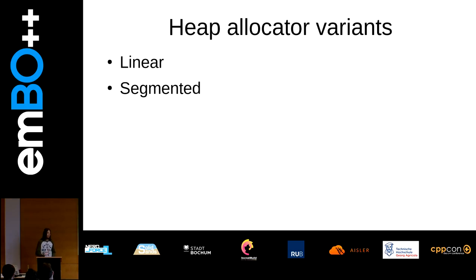Generally, it is either a linear allocator, which means that allocations are put immediately behind each other in memory. So if you allocate a 5-byte element and then a 3-byte element, those pointers will always follow each other exactly. And then there is the segmented allocator, which is most common nowadays, which splits the memory in multiple parts to get a better behavior out of the memory.